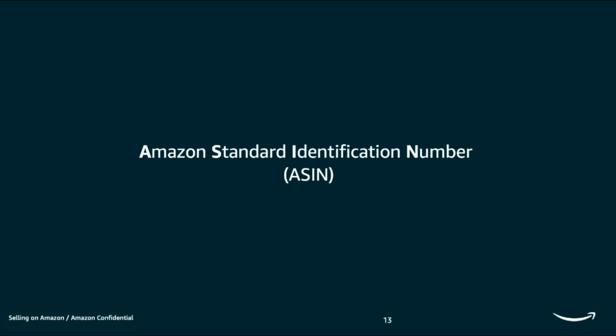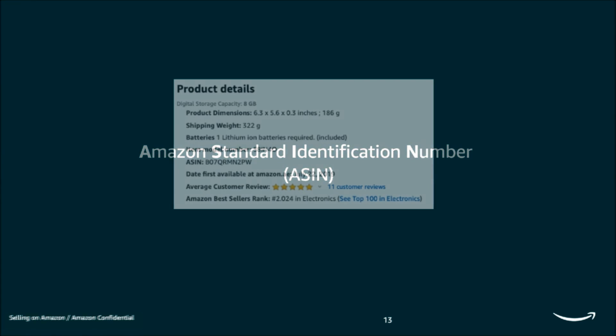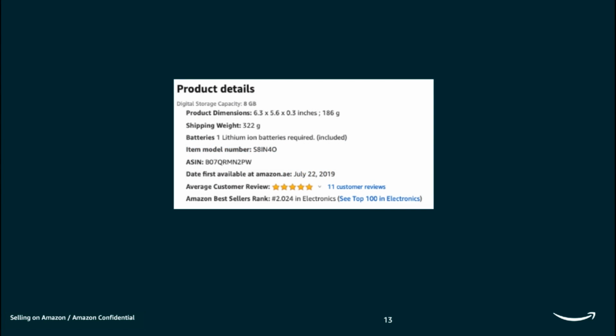So ASIN is used for the entire Amazon organization. Let's say, for example, I listed a new item. If no one uploaded that specific item in the entire Amazon organization, Amazon will assign a unique number called ASIN.